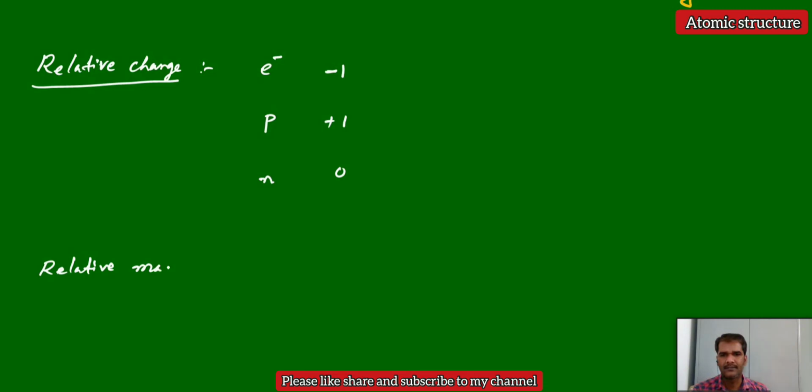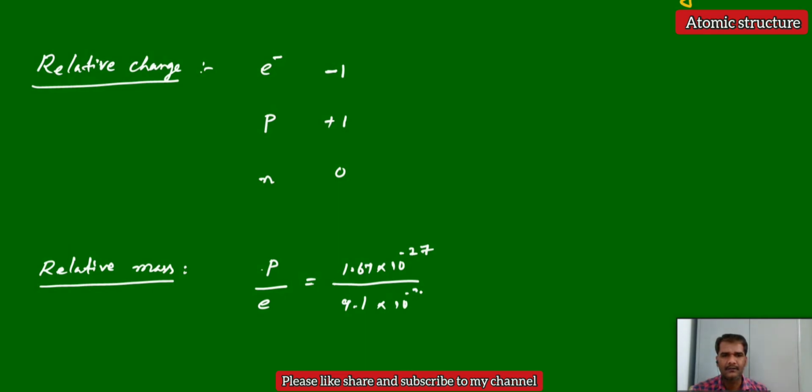Similarly, relative mass, that is comparison of electron mass to the proton mass. If you see proton mass by electron mass, 1.67 into 10 power minus 27 kg by 9.1 into 10 power minus 31 kg.